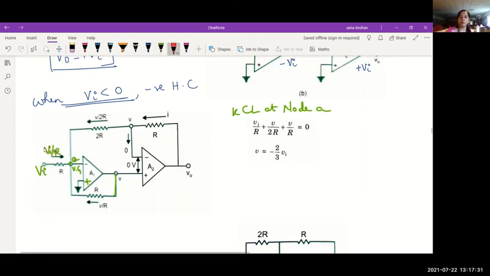The current through this first resistor is Vi by R. It will be entering this node, and the current through this resistor will be, if I consider this voltage as V, it will be V minus 0. The voltage here is 0, remember, because it is virtual ground. So the current through this resistor will be V minus 0 by 2R, or V by 2R in this direction.